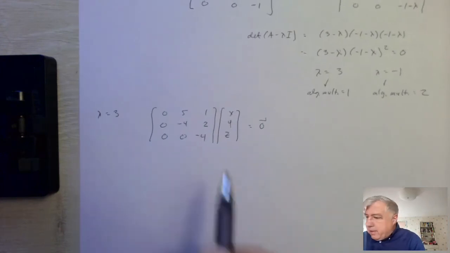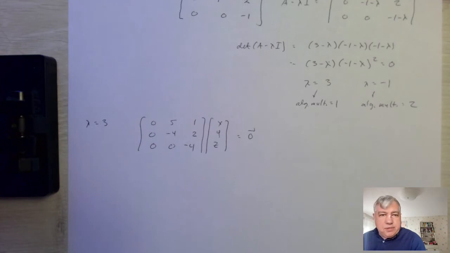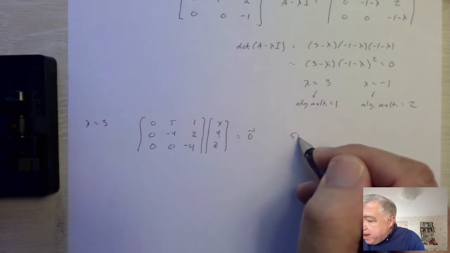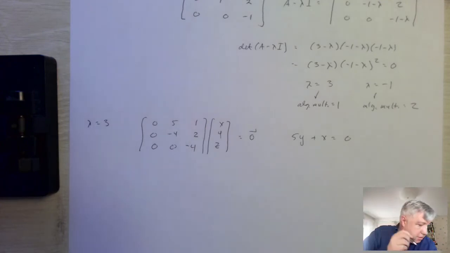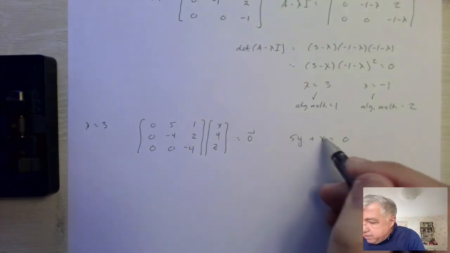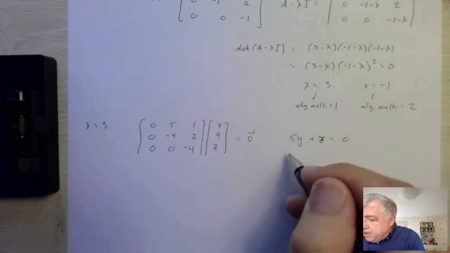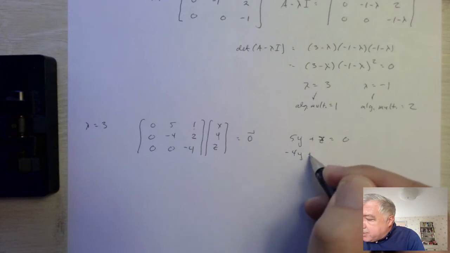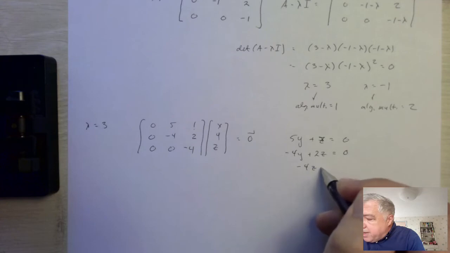I'll let you think about this for a moment if you want to pause the video. You'll get 5y plus 1z is 0. We also get negative 4y plus 2z equals 0, and then negative 4z equals 0.